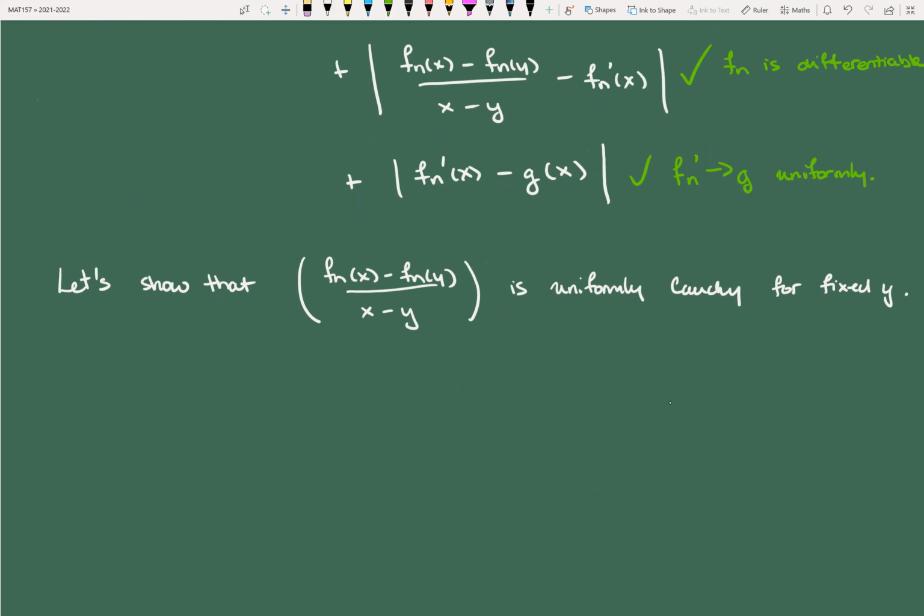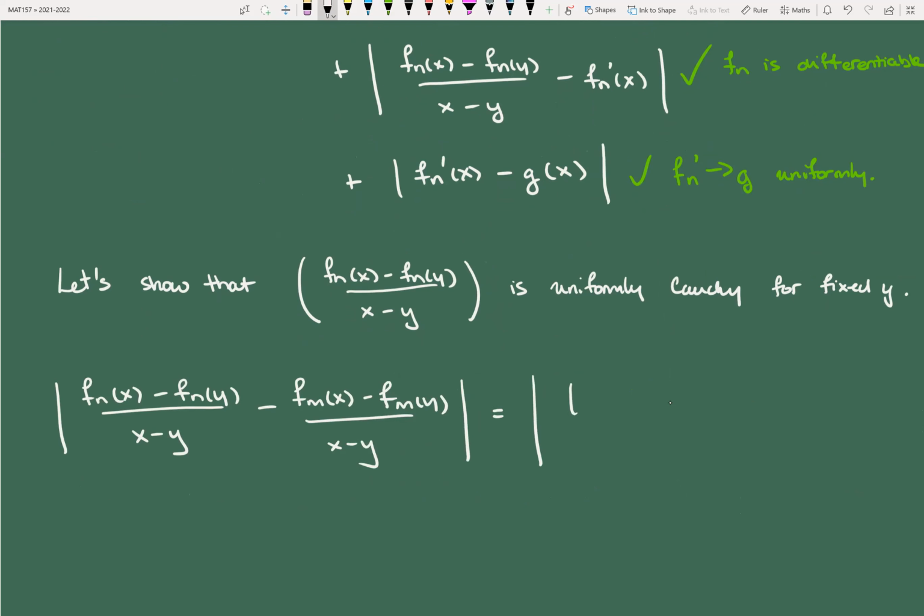Okay, so how do you do that? Well, again, I'm just going to do the rough work here and make you do the rest. I'm going to rewrite this as ((f_n minus f_m)(x) minus (f_n minus f_m)(y)) divided by (x minus y). Each of these things is differentiable on the interval and continuous on the closed interval.